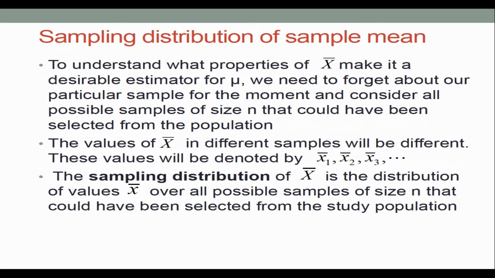Because we are taking all possible samples of size n from the population, for each sample we're going to have one sample mean. So generally, we use this capital X bar as the random variable, and the small x1 bar, x2 bar are the observed sample means for each sample. Then the sampling distribution of X bar is the distribution of this small x bar over all possible samples of size n that could have been selected from the study population.